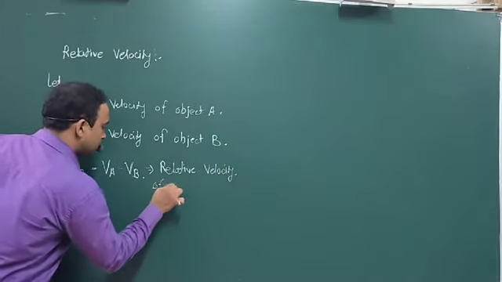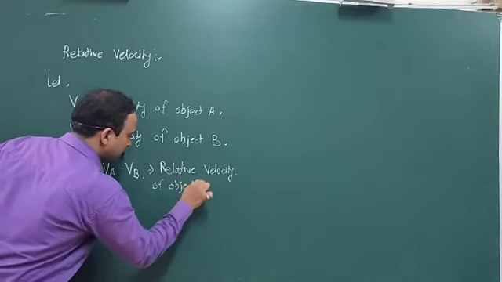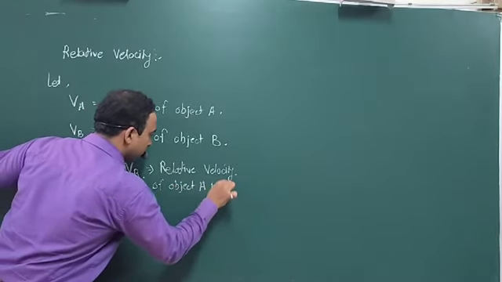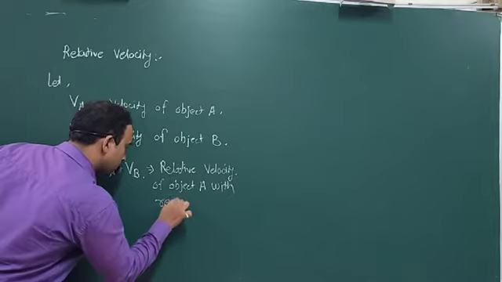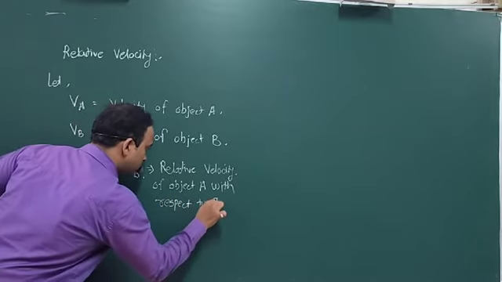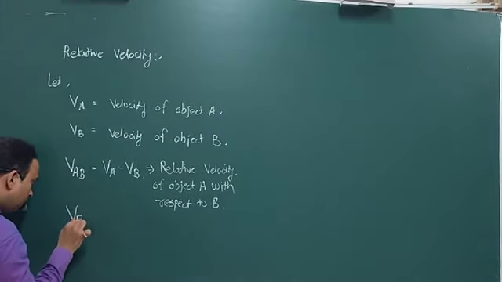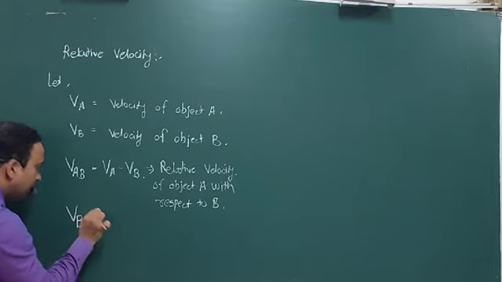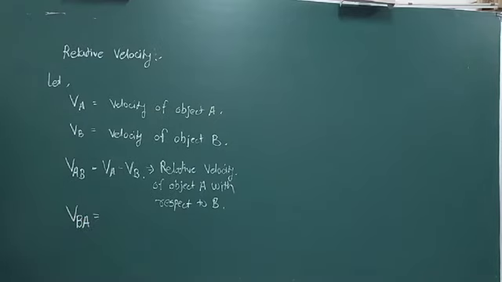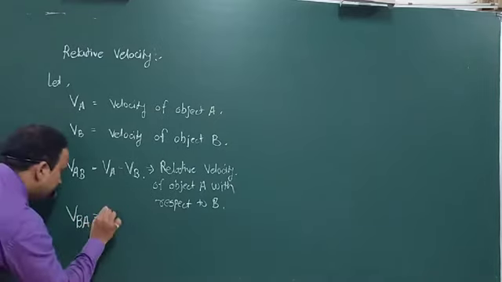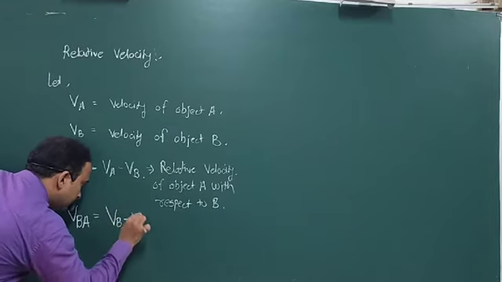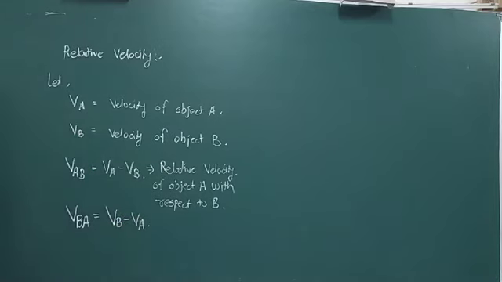Similarly, we can calculate the relative velocity of object B with respect to A. It can be calculated by VB minus VA. So this is the relative velocity.